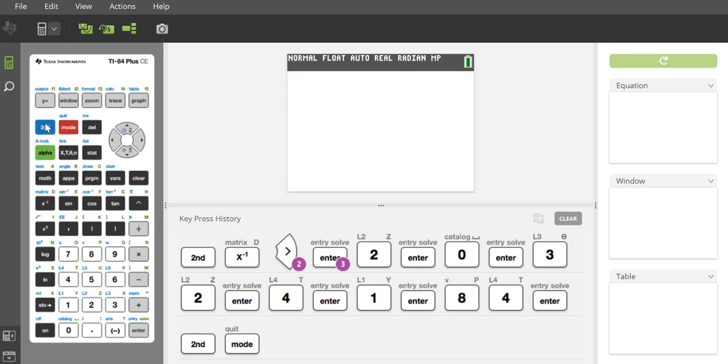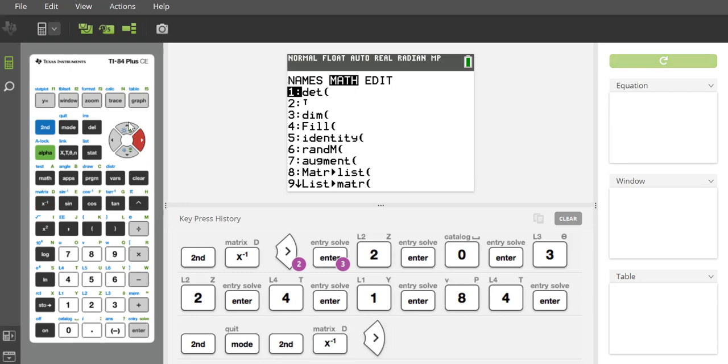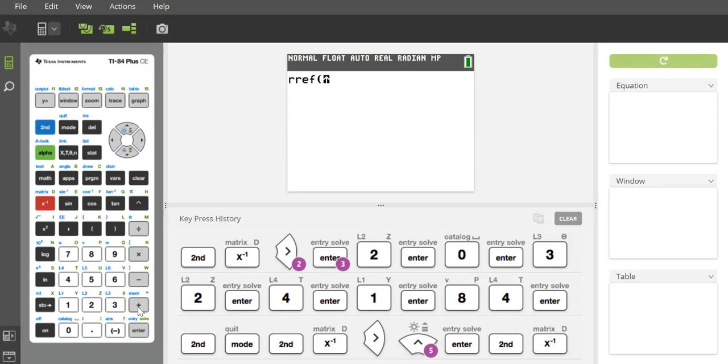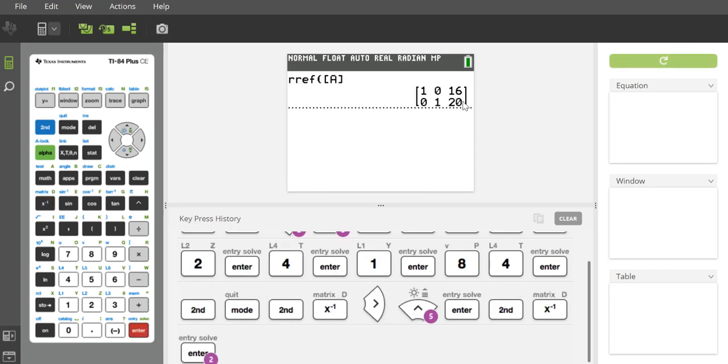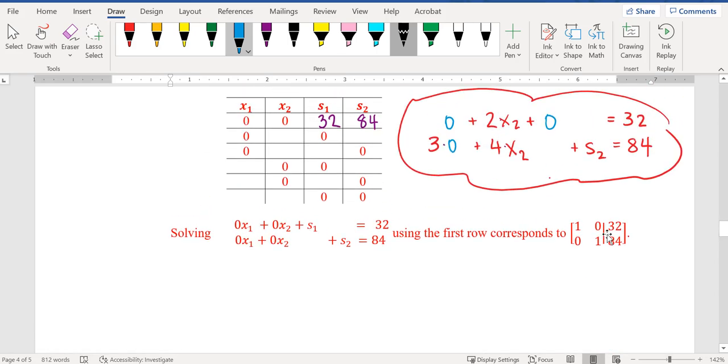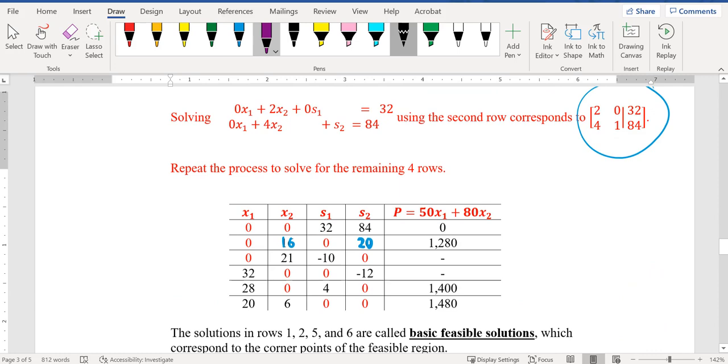Second, quit, second, matrix, math, RREF, and then matrix A. We see that our solutions are 16 and 20. So that's where these numbers came from, 16 and 20. And up above, in purple, when we solved the first one, we got 32 and 84.